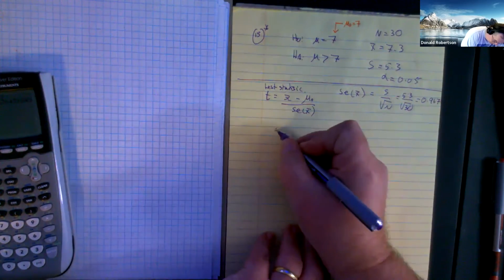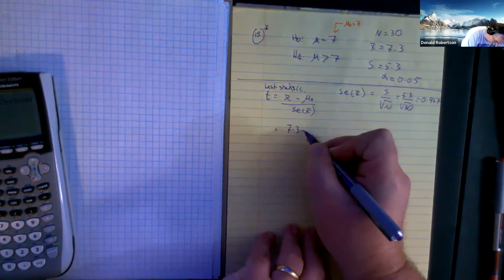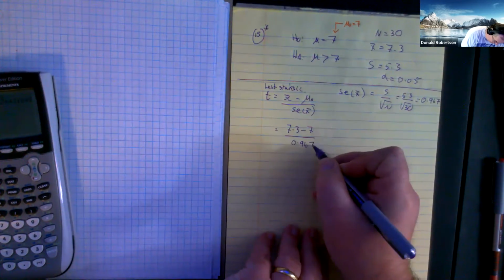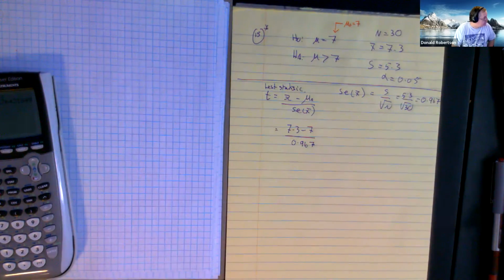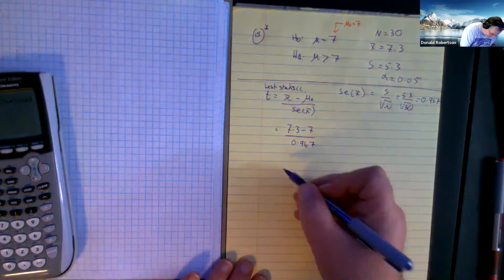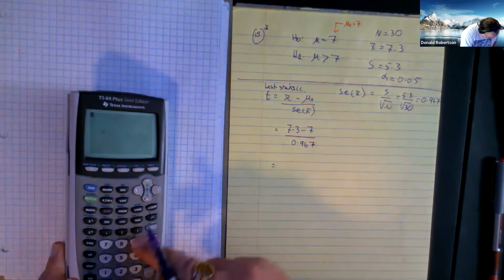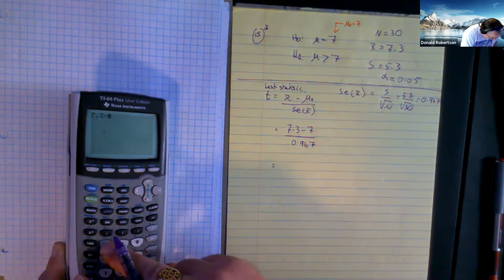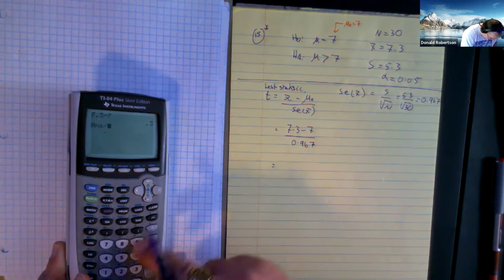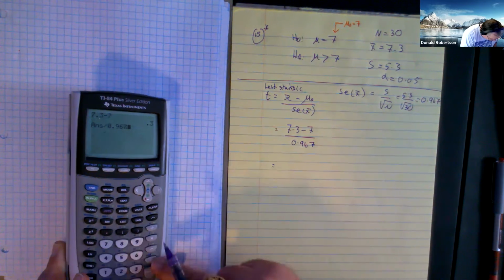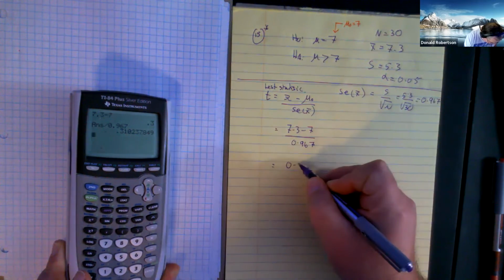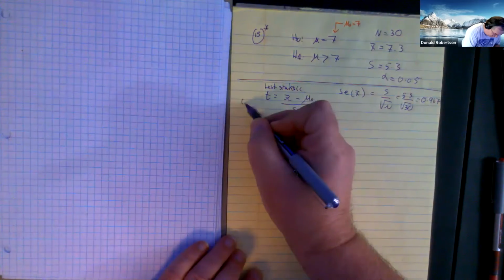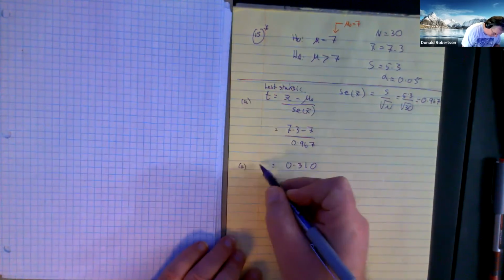So it's going to be 7.3 take away 7 divided by 0.967. I'm going to get a 7.3, take away a 7, divided by 0.967. And the answer I get is 0.310. So that is question A. Get the t-score.